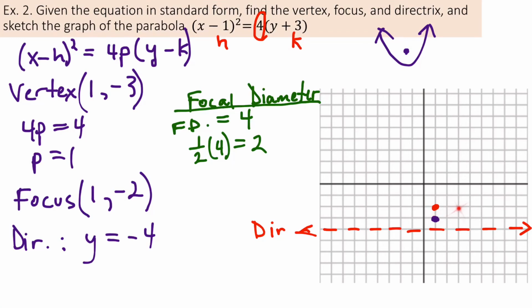I'm going to go 2 this way and 2 the other way. So I've got 2 more points here. Okay, so now I can draw in my upward facing parabola fairly accurately. So I drew it in there. So now we've done everything they asked for. Let's just go ahead and highlight our results. So we've got the vertex, we've got the focus, we've got the directrix, and we've got the graph.